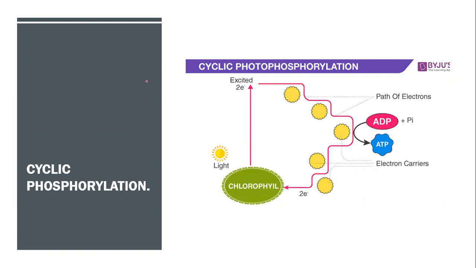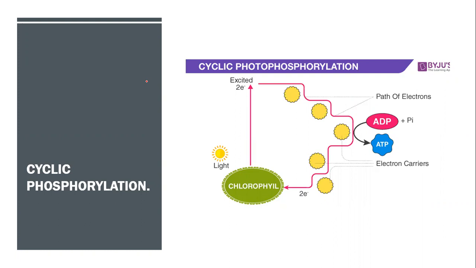From there, they will pass on to a series. It will literally be a series. We will have a series of what? We will have a series of electron carriers. And that series of electron carriers will pass on the electrons from one to another. As they pass on the electrons, what will happen? When they receive the electrons, they will be reduced.